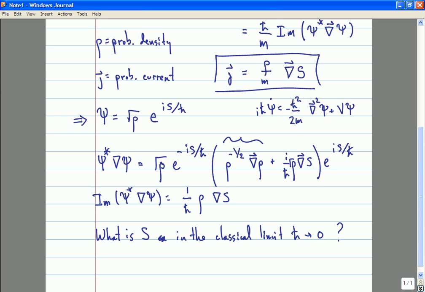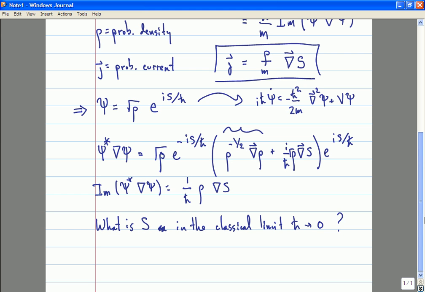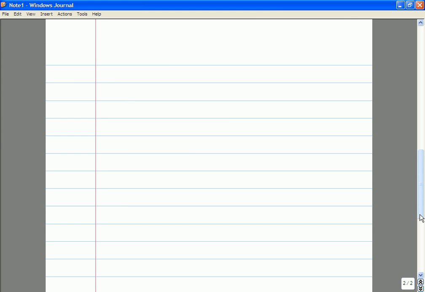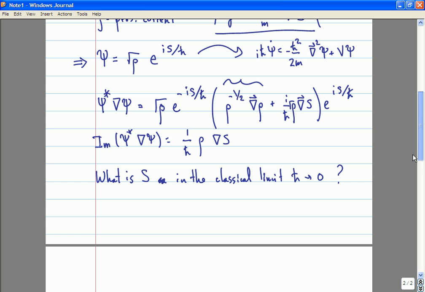Okay. So in order to understand that, I would just like to take this expression for ψ written in polar coordinates and plug it into the time-dependent Schrodinger equation. So let's go ahead and do that.